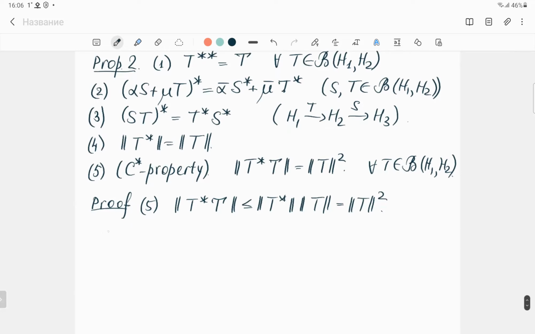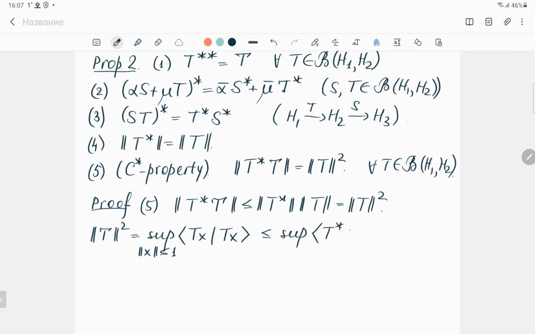On the other hand, the norm of T squared is the following supremum, taken over the unit ball. And if we now use proposition 1, we can rewrite this as follows: the inner product of T star Tx with x.